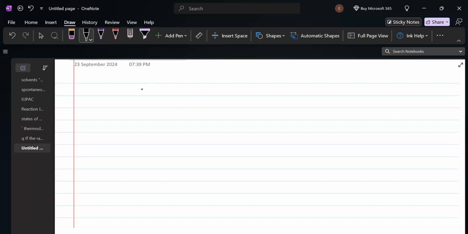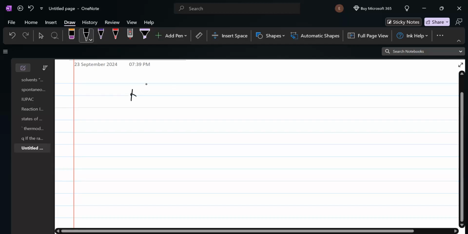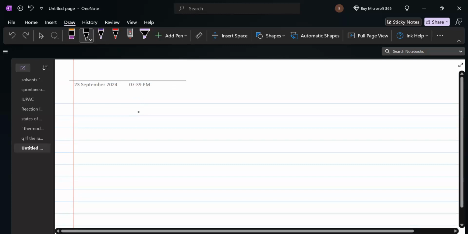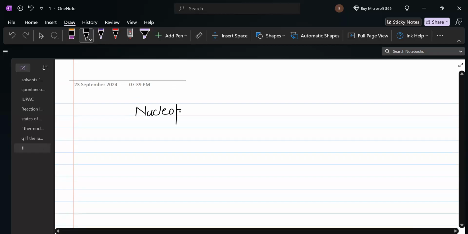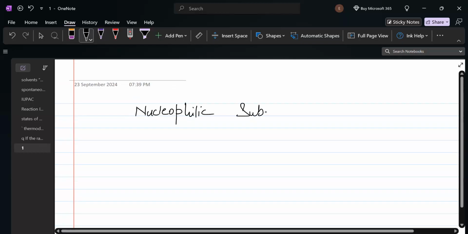Nucleophile. Wait. First, let me write the name of the topic. Nucleophilic substitution reaction. In short form, we say SN reaction. Okay. Substitution, and this is nucleophilic substitution.